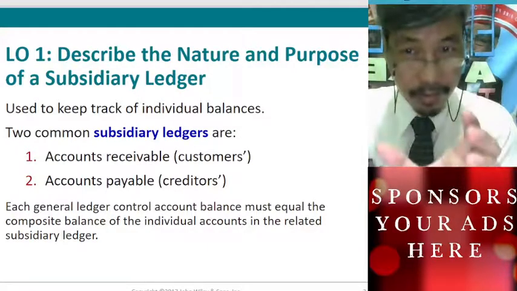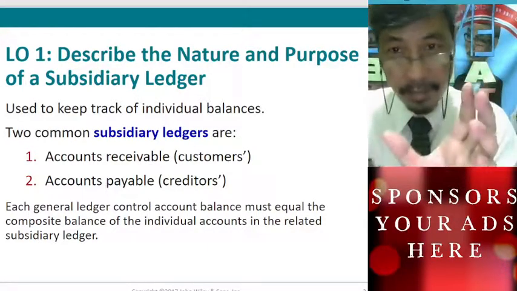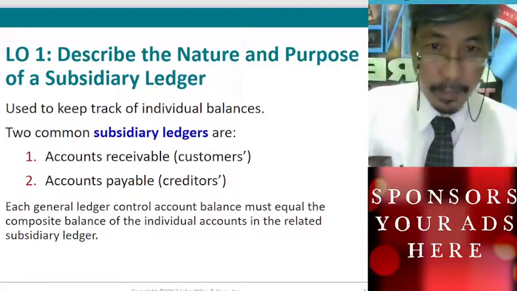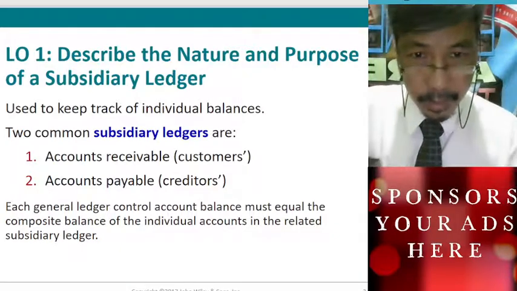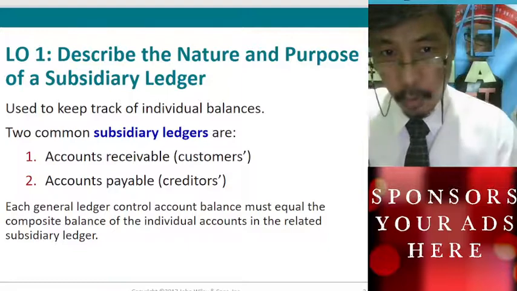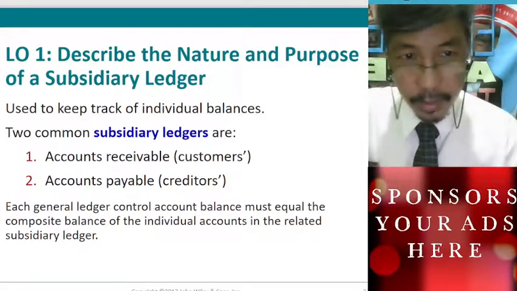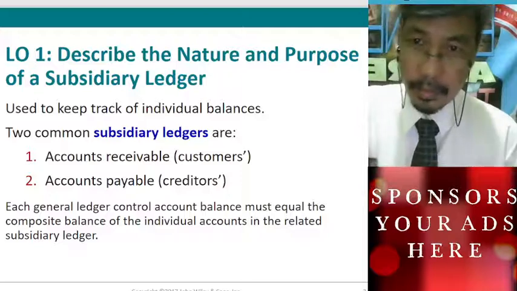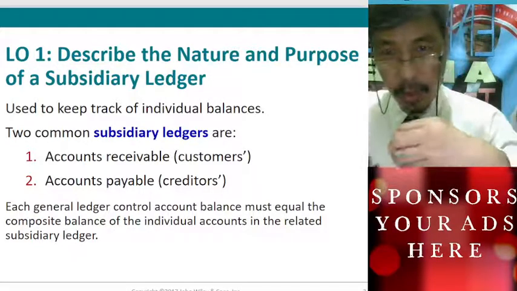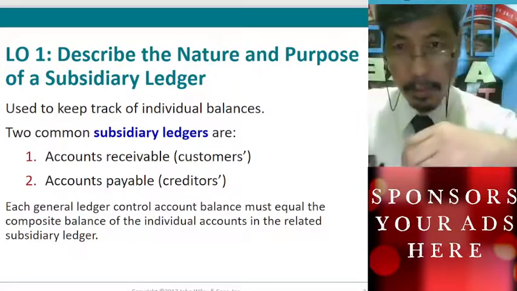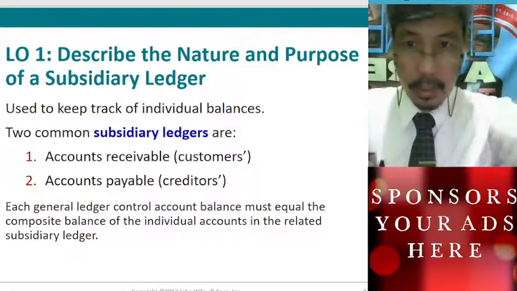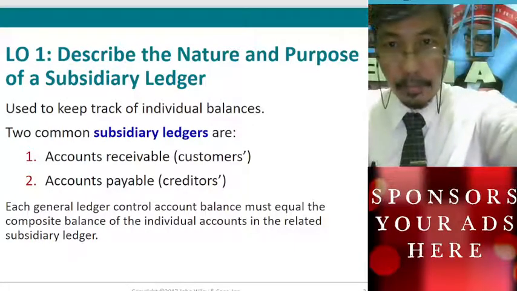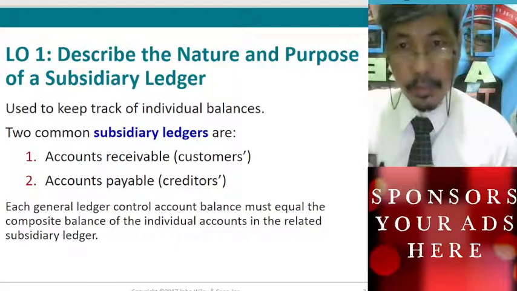It's an account record. T account, no? Ledger. The control account balance must equal the composite balance of individual accounts in the related subsidiary ledger. So there is a balancing post in parent and subsidiary.